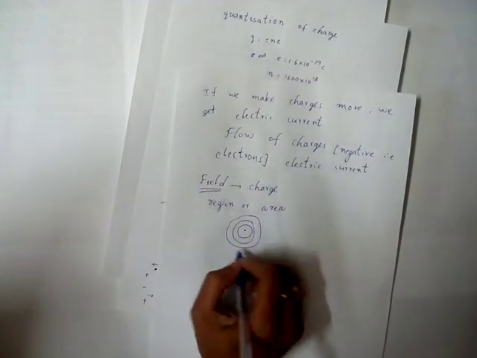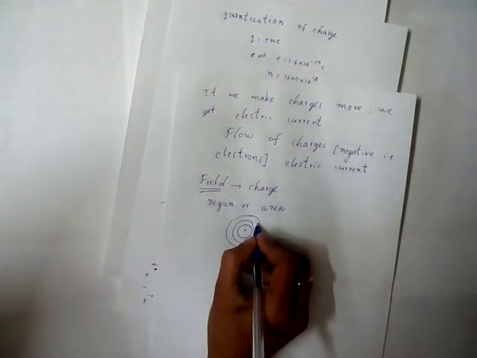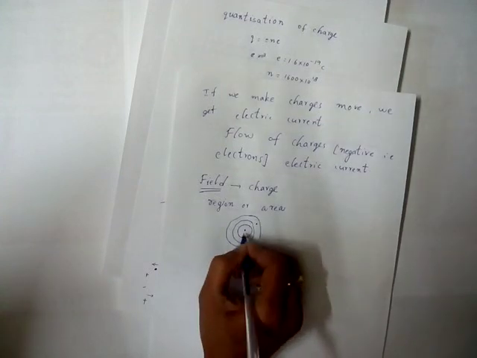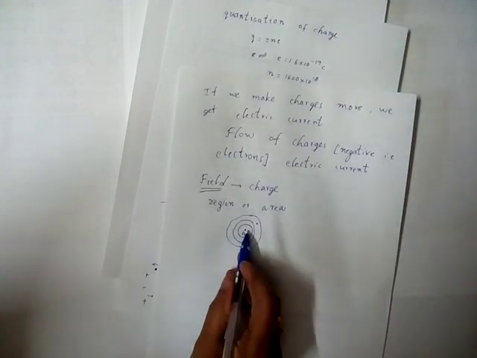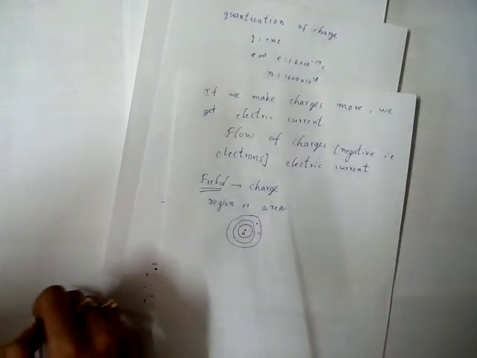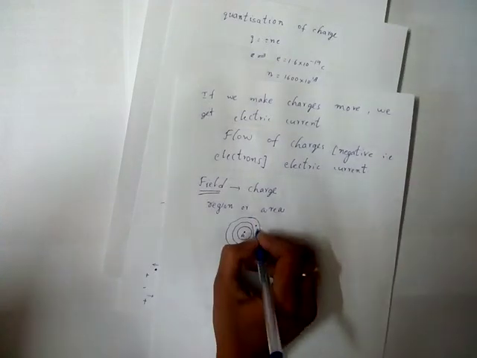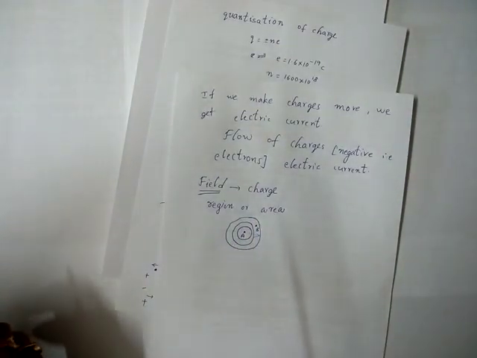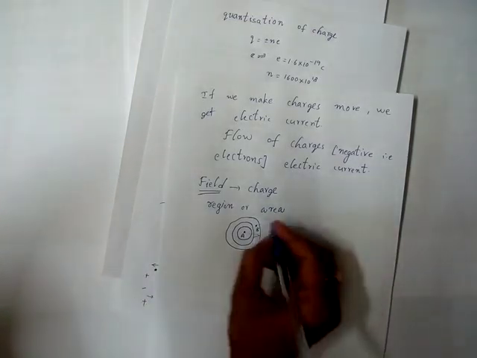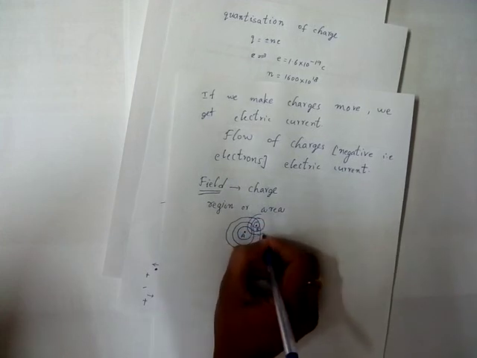So in this region, if there is any other charge present, for example, till here this charge, let us take charge A, has its region. Okay, so here you have one more charge, charge B. So this charge A can attract or repel that charge B. In the same way, charge B also will have its own field.